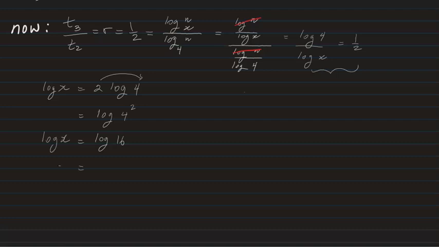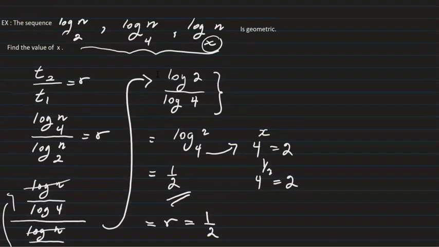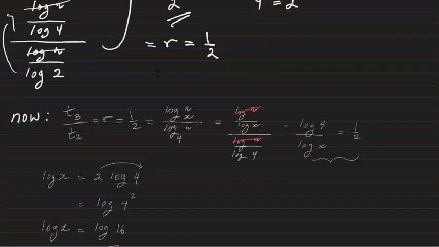And that means x must be equal to 16 since the bases are the same. They're both base 10. And here it is. That's what we got. We got x equal to 16, which answers the original question, what is the value of x in this sequence? All right, that is it.